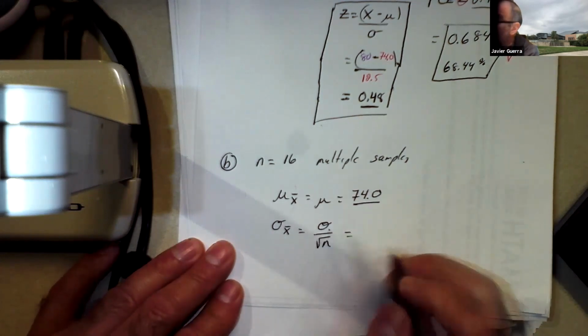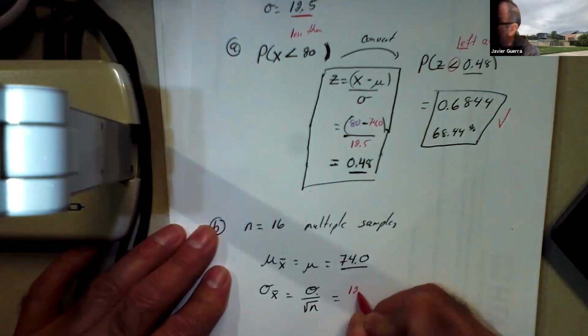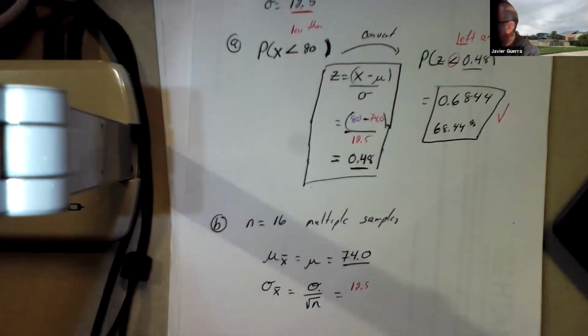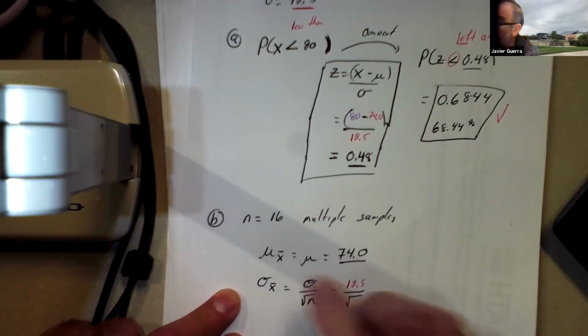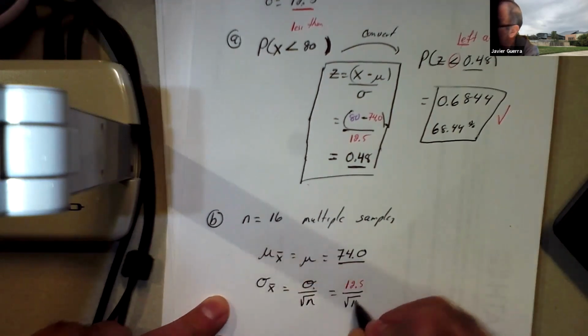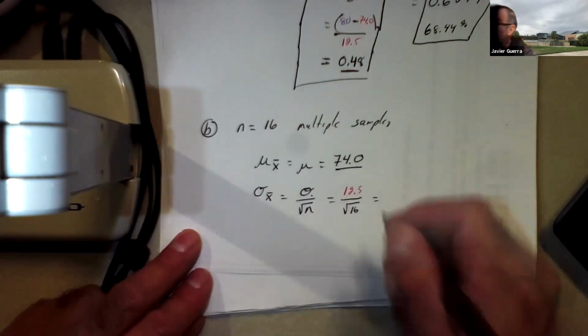Now, the sigma is going to be your original standard deviation that we used, which is your 12.5. And we're going to divide it by the square root of n. My n was 16. Right? And so we're going to calculate that on my calculator or your calculator.